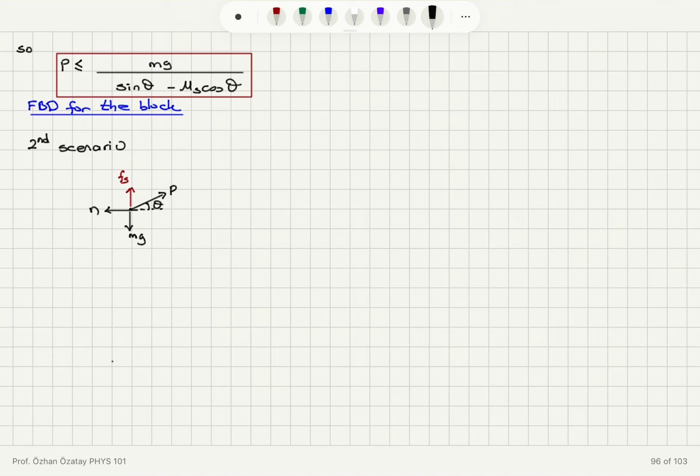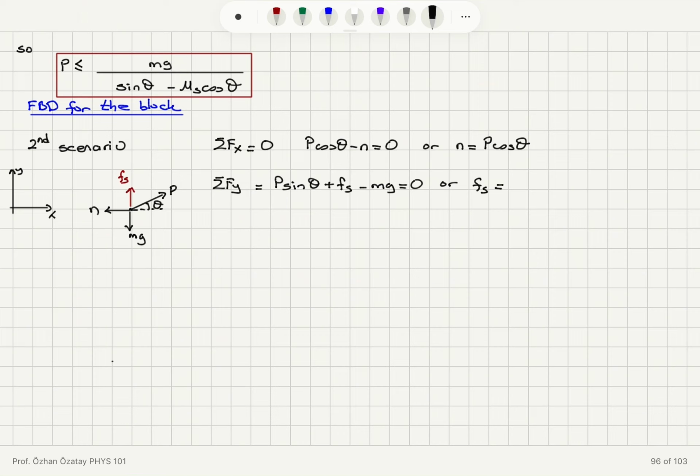The net force on the y-axis must be equal to 0 as well. It is P sine theta plus the force of friction minus mg equals 0, or we can say that the static friction must be equal to mg minus P sine theta.